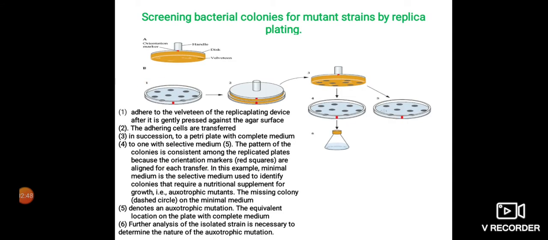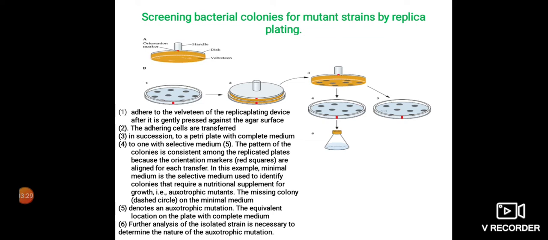During the process of selection and screening, a very important method is called replica plating. So why is replica plating required? Sometimes when we go for a selection or screening method, whatever transformants we get, we plate into a particular medium. If we do the selection and screening directly on the same plate, there is always a good chance that the process will lead to the death of the cell, or the colony will become non-viable.